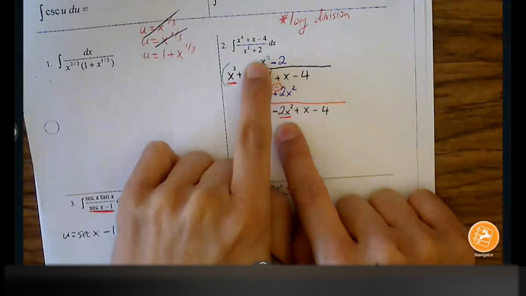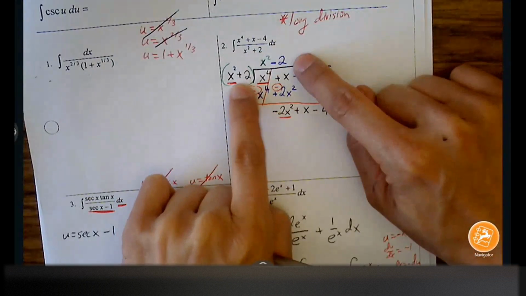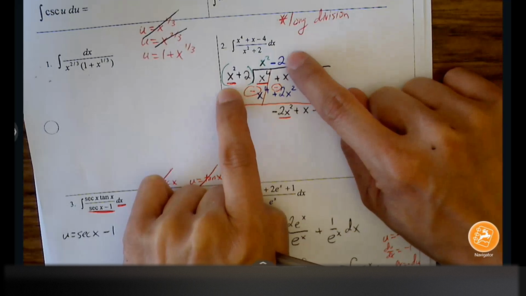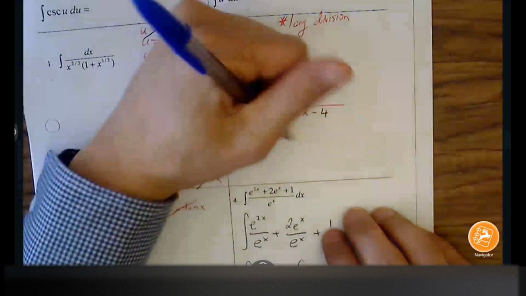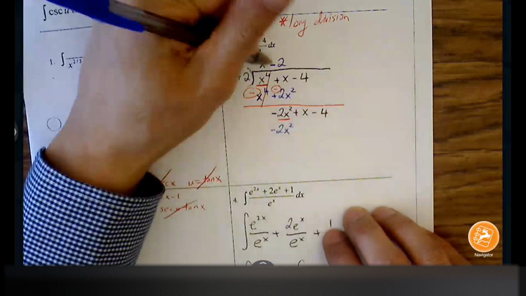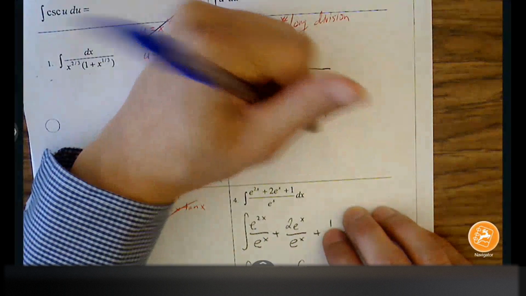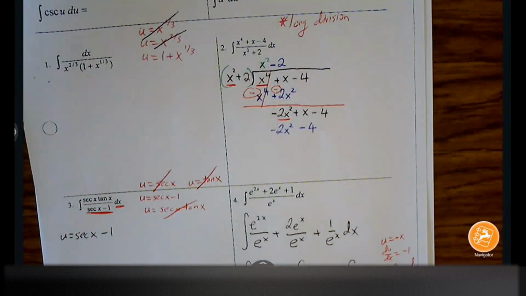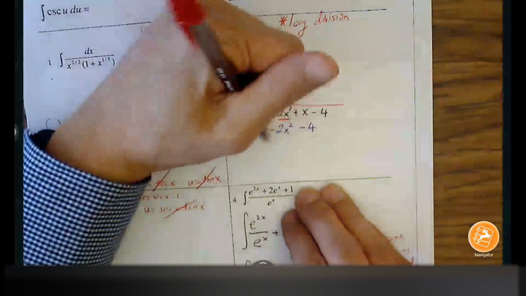Now we're done with the x squared, so we don't care about this anymore. We'll just take the negative 2 and distribute it through the x squared plus 2. Draw our line, change our signs.